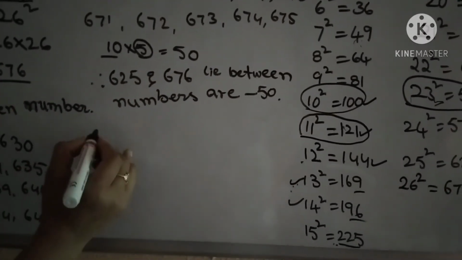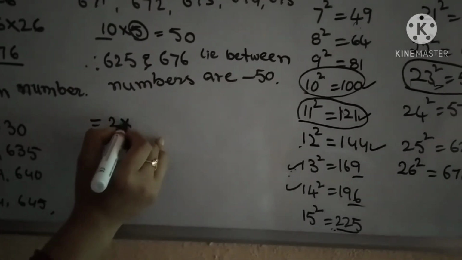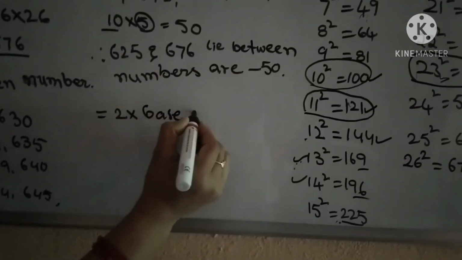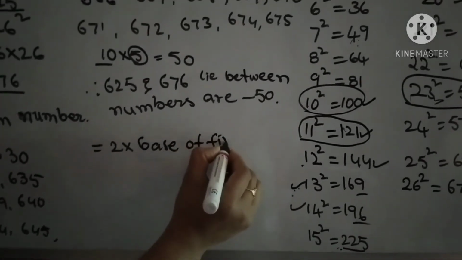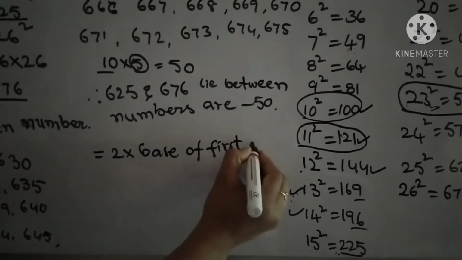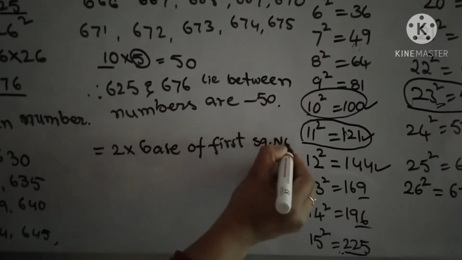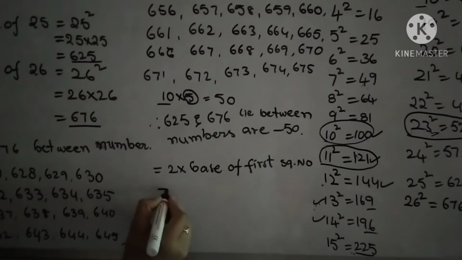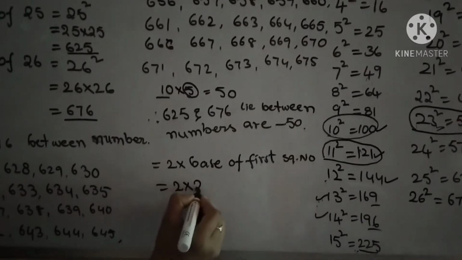Okay. Second one, what is the second process? By using the formula 2 into the base of the first square number. In this case the first square number is 25, so write 2 into 25.